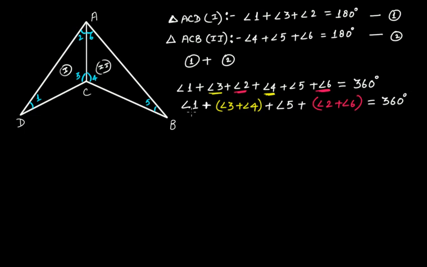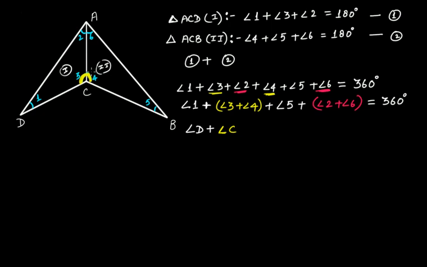Okay, so this is angle 1. Angle 1 is what? Angle CDA. We can simply write it as angle D. Very nice. Plus angle 3 plus angle 4 is what? Angle 3 plus angle 4 is this complete angle, right? That is angle DCB. You can simply write it as angle C. Now this is very important to know that you can see here, this angle is actually greater than 180 degrees. That is why this quadrilateral has become a concave quadrilateral.